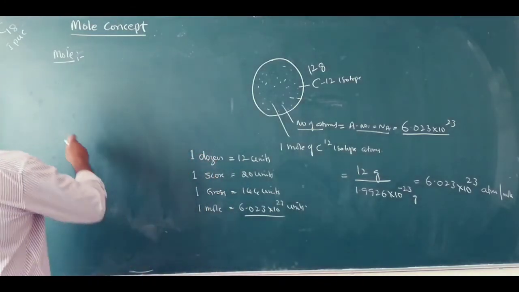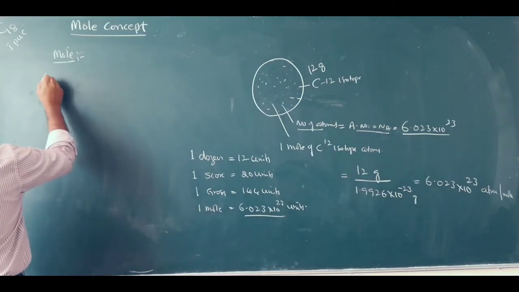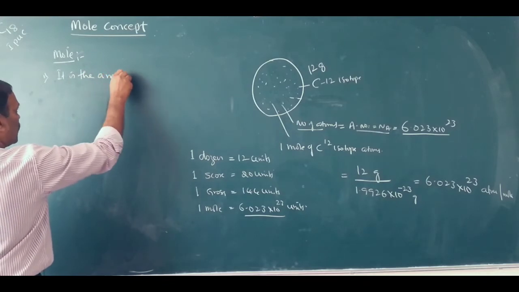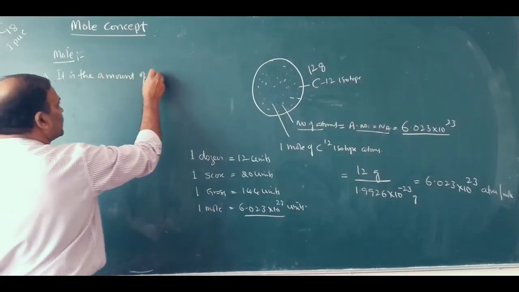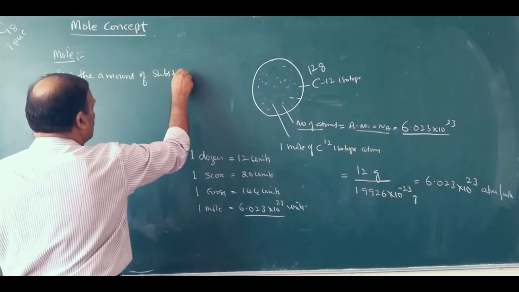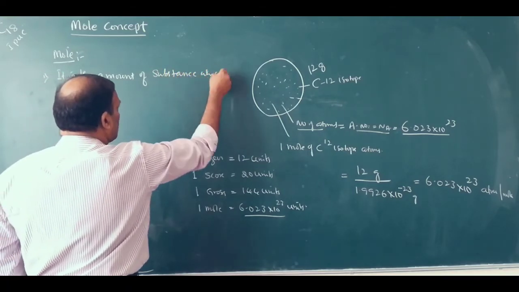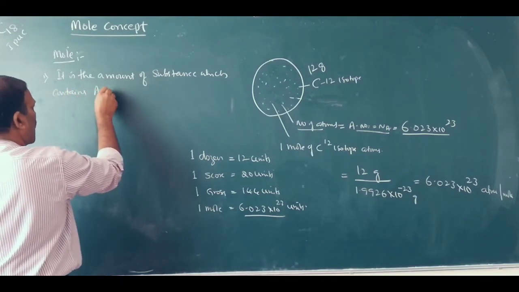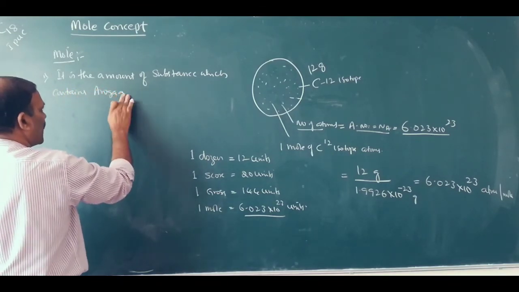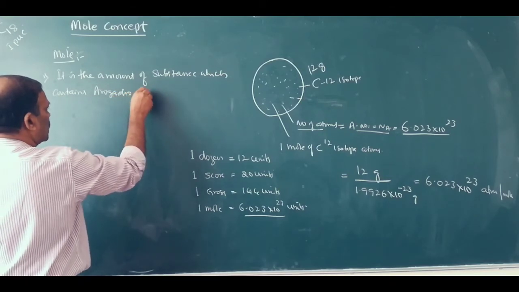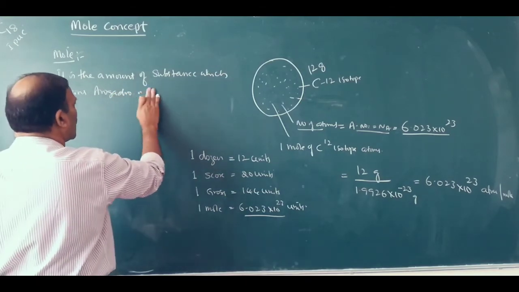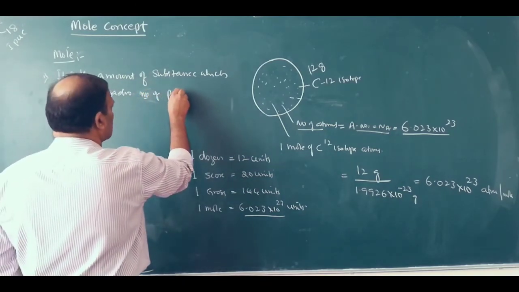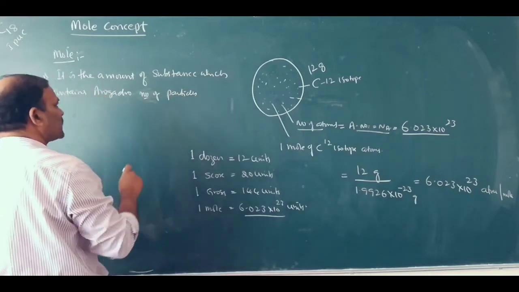So mole can be defined like this. Number 1, it is the amount of substance which contains Avogadro number of particles.